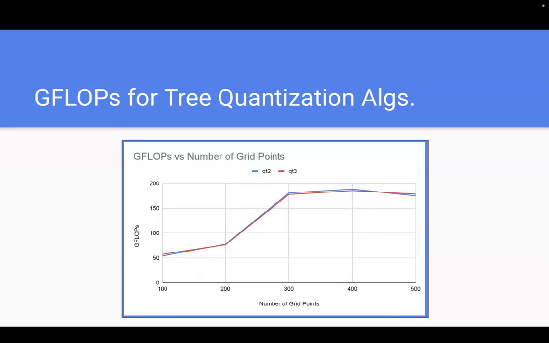Sometimes one's higher, sometimes the other's higher. I really think that was just due to the rearranging of that enormous 3D tensor. But beyond that, I'm not entirely sure why the two of those implementations were so close to each other.